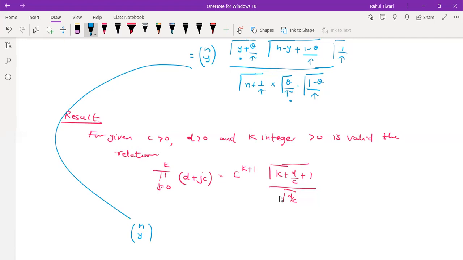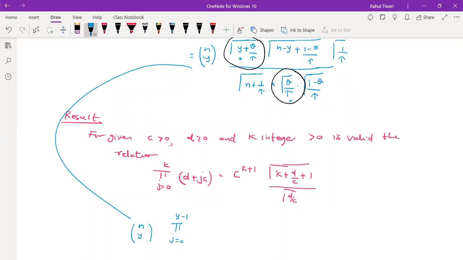Okay. Collect this term with this term, and look, I'm writing this is the same as the product of j running from 0 to y minus 1, right?